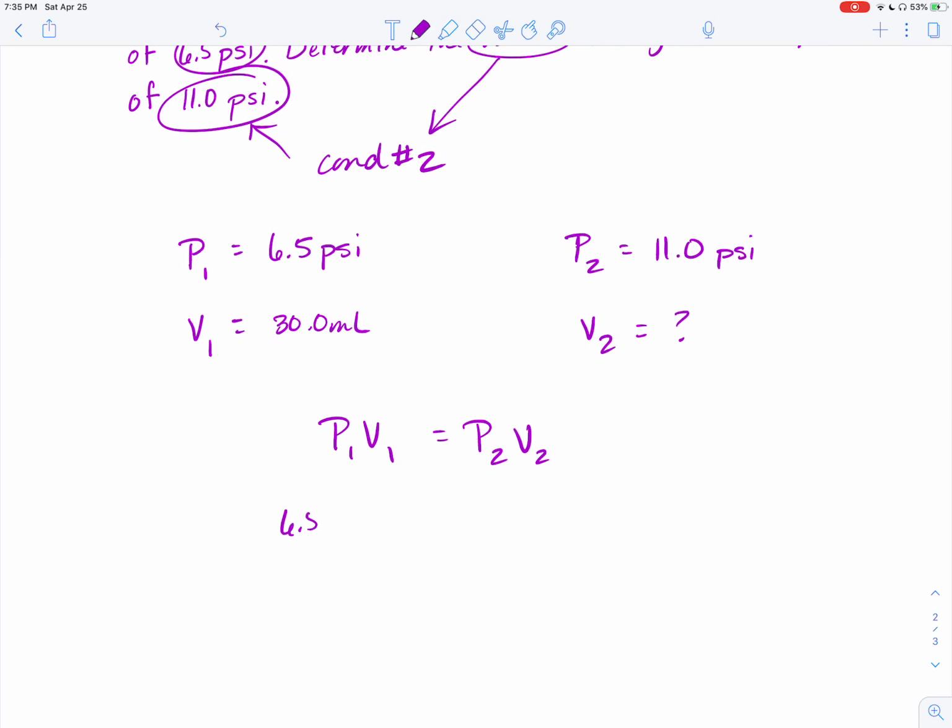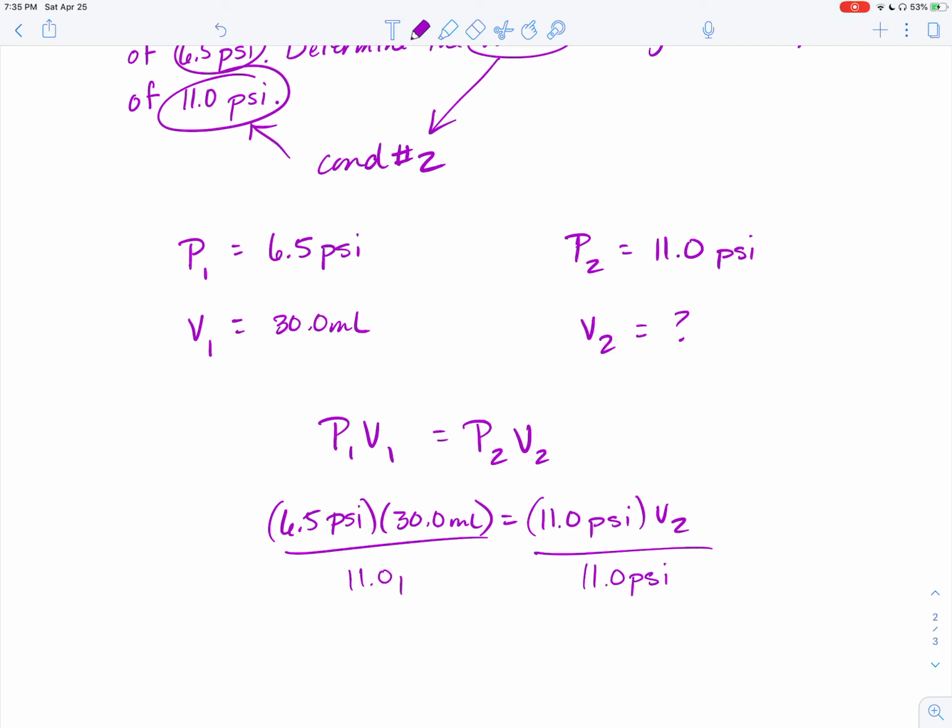We'll put 6.5 psi times our volume of 30.0 milliliters, and that equals our pressure of 11.0 psi times V2. We'll solve for V2 by dividing both sides by 11.0 psi. The psi cancels along with the 11 on the right-hand side.